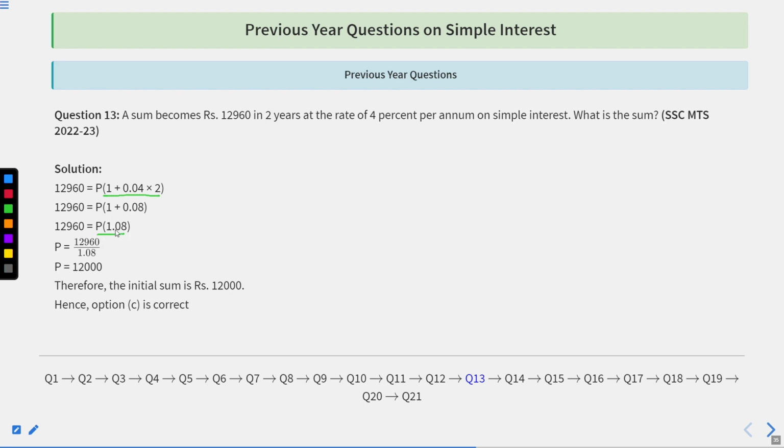So send this 1.08 to the left hand side, you will get P equal to 12,000 rupees. So therefore the initial sum that was invested by the person to get this much amount is 12,000 rupees. So the correct option here is option C.